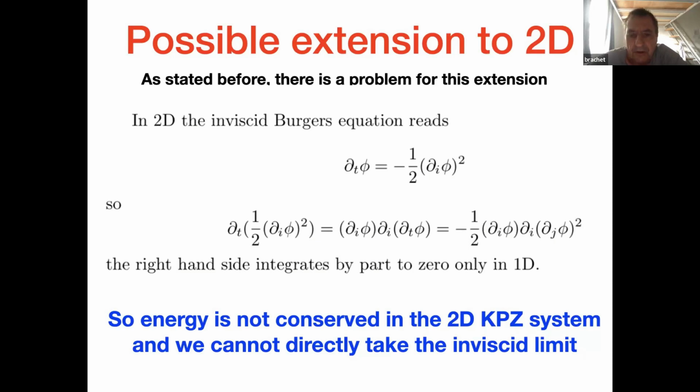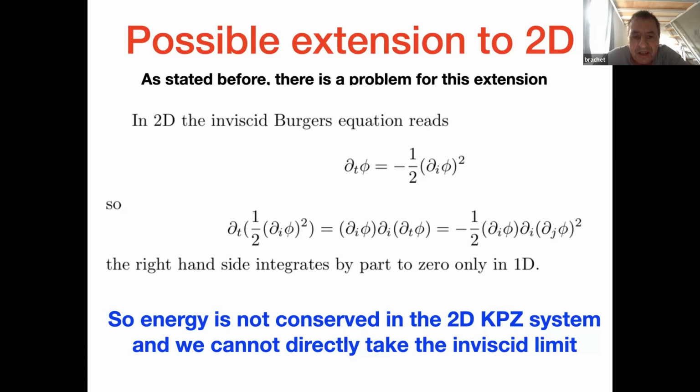to explain the possible extension I'm suggesting to find things in 2D. As I stated at the beginning of the talk, there is a problem in 2D, which is that the energy is not conserved. This really puts a big strain on the method we followed, because if you remember, the method we followed works only because I can take the inviscid limit, because in the inviscid limit I have conserved energy, and therefore Liouville absolute equilibrium.